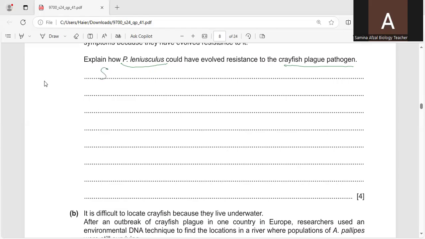Due to a random mutation, sometimes one or more alleles have resistance against the pathogen.